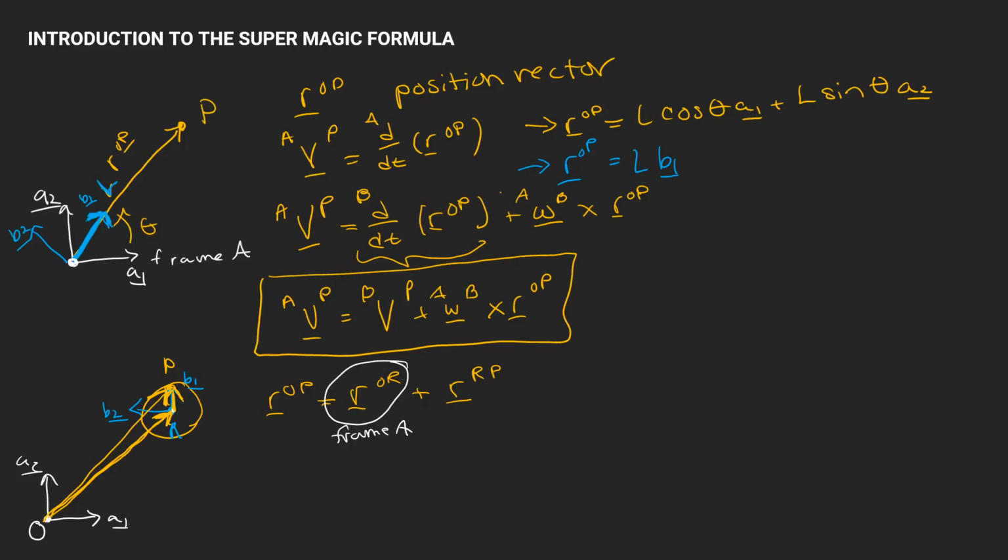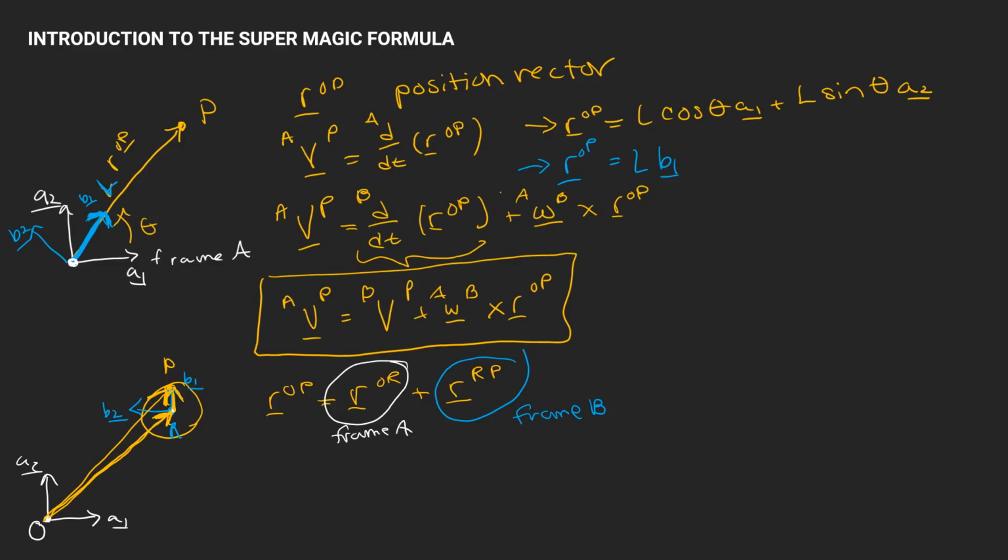But then RP, that position vector, we would write in frame B. So again, just to put some numbers to this, this should be very familiar.